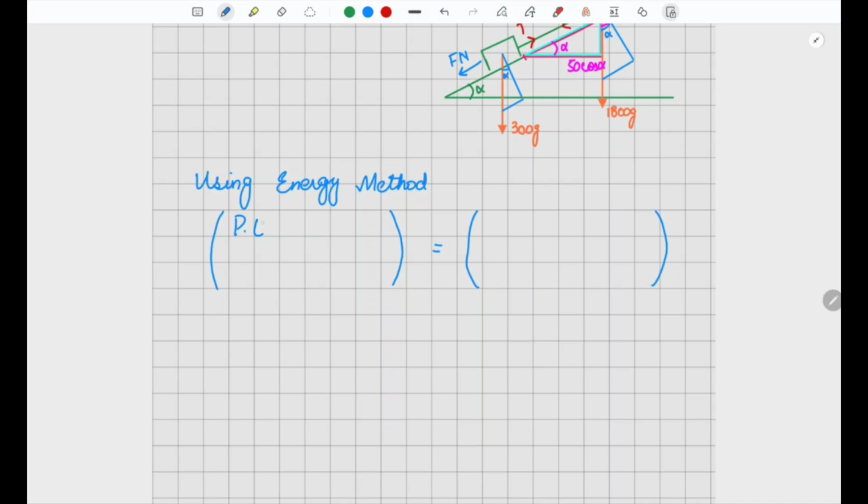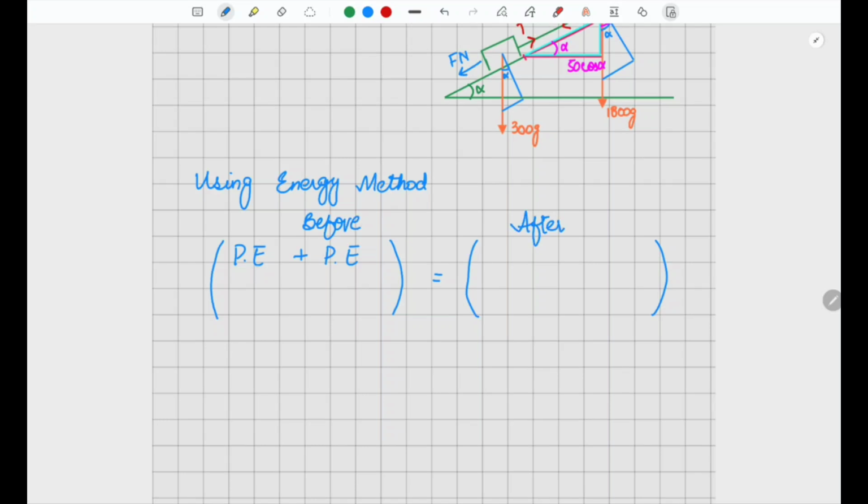So potential energy before and after must be equal. This is for the car, this is for the trailer.